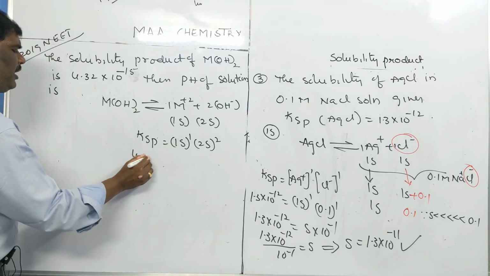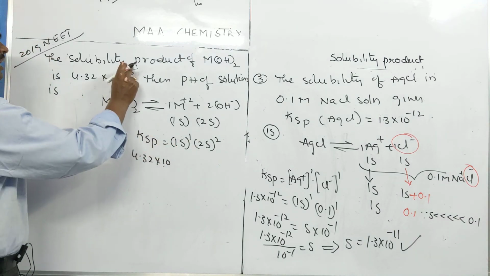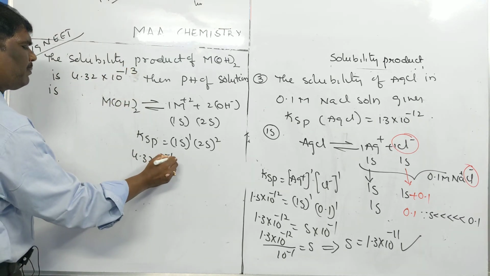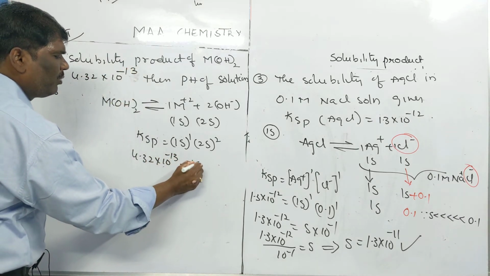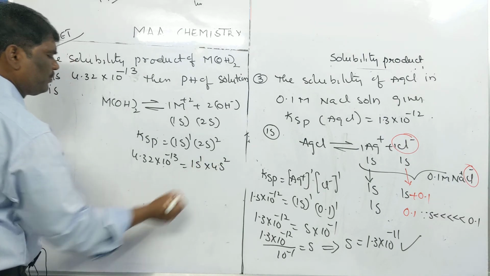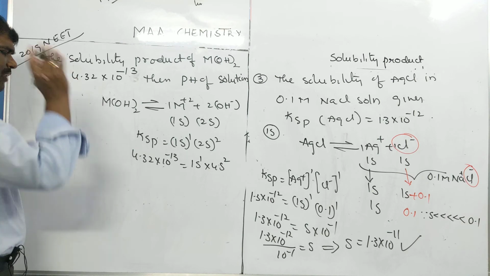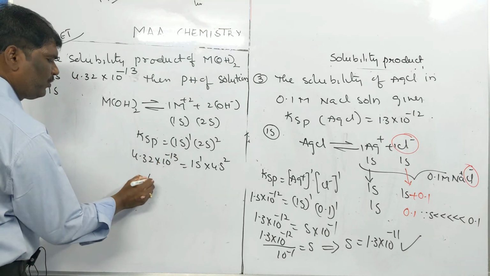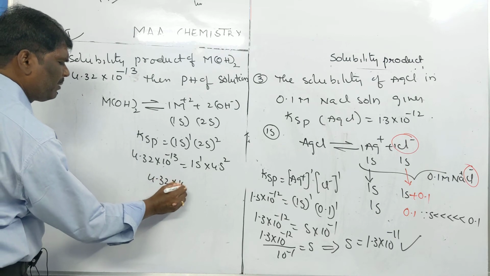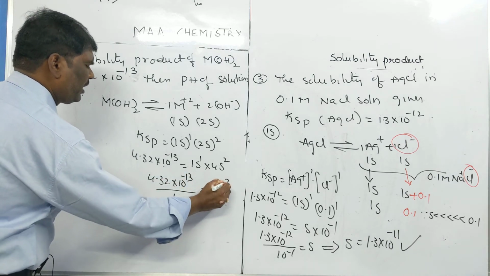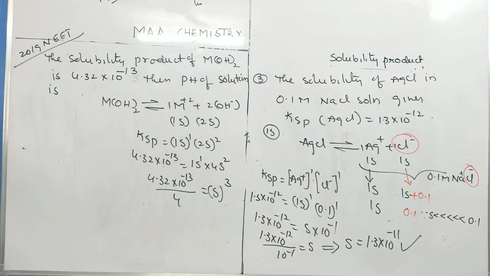So 4.32 into 10 power minus 13 equal to 1s power 1 and 4s power 2. Now on simplification we get 4.32 into 10 power minus 13 by 4 equal to s power 3.